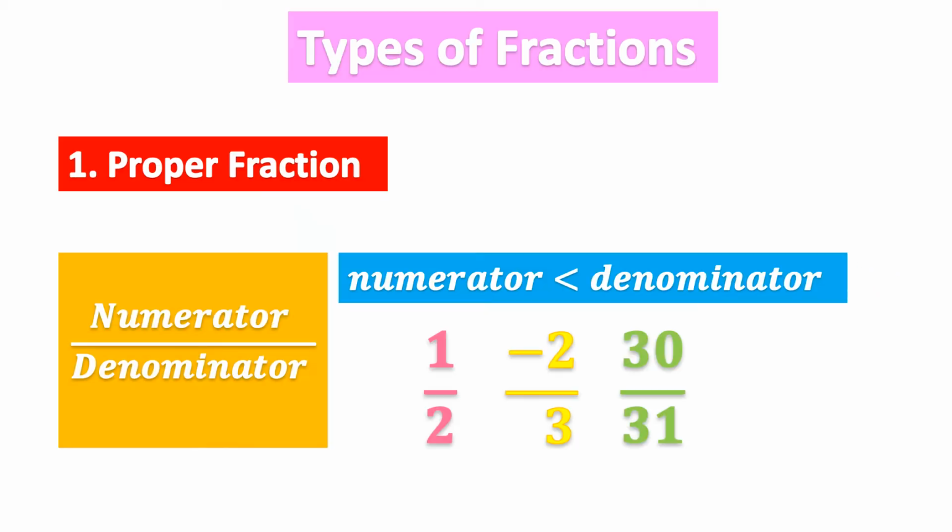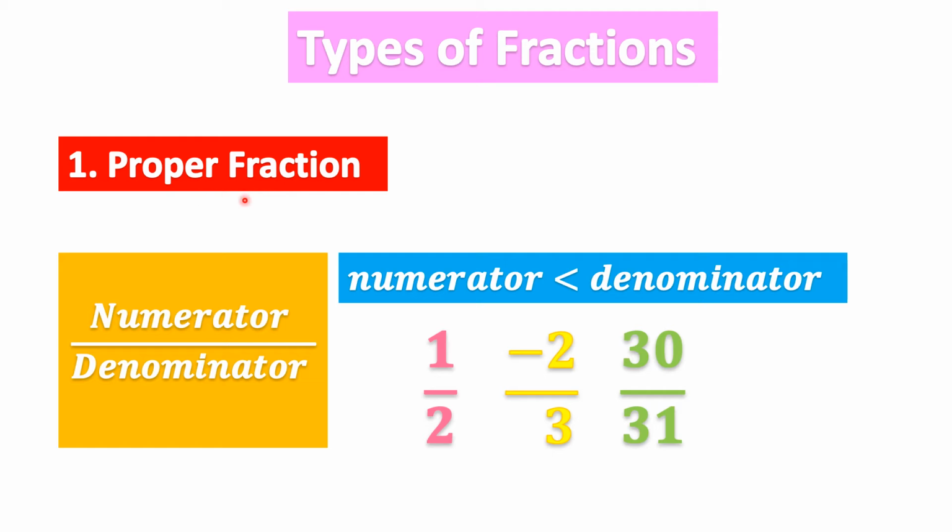Now, let us study the types of fractions. There are different types of fractions, right? So the first type of fraction is called proper fraction. Now, we know that a fraction looks like this, numerator by denominator. Now, what is a proper fraction?